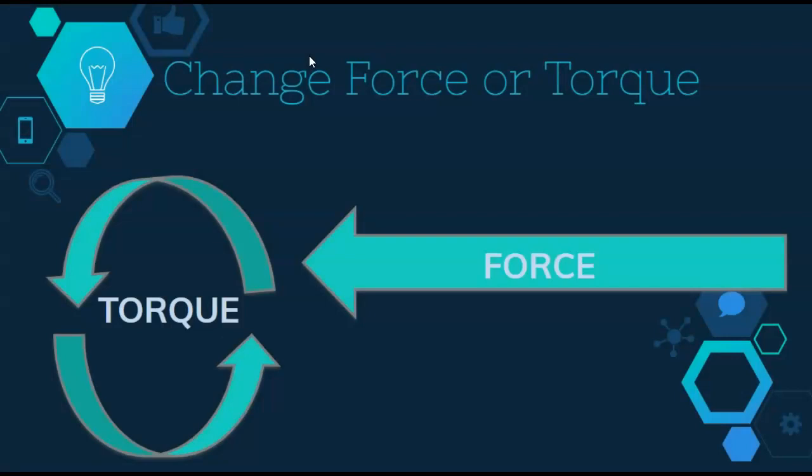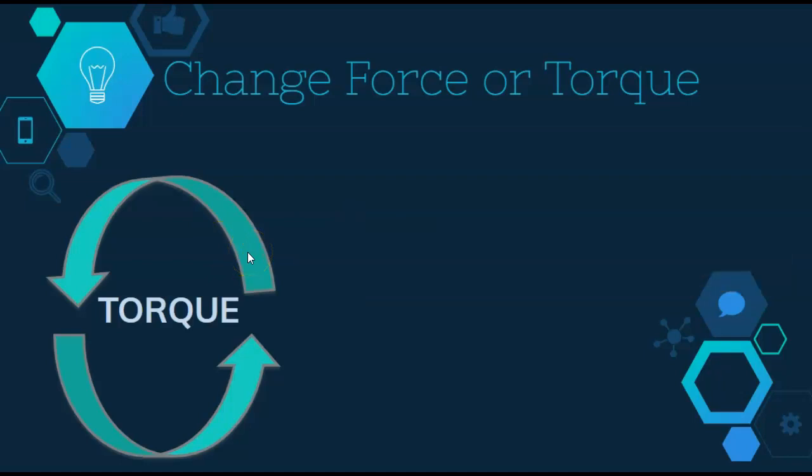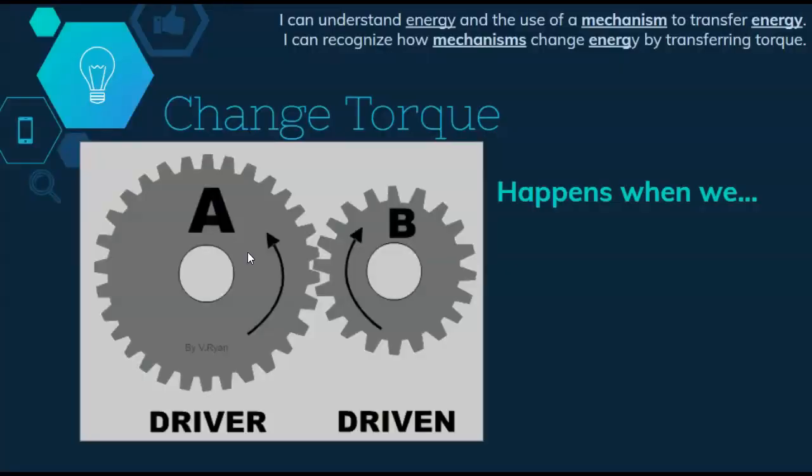Torque and force are something that you can add to a mechanism, but we can't do both. We can't apply both force and torque to a mechanism. And it's kind of tricky to calculate force in a mechanism, so we're going to be focusing on torque for this quarter because it's a lot easier to calculate.